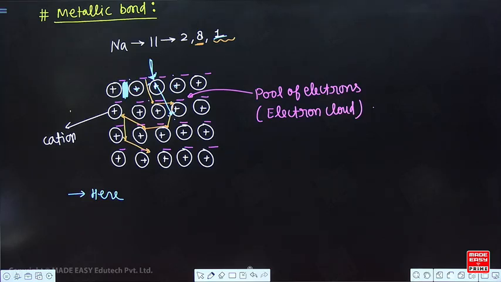And are more or less free to move throughout entire metal.